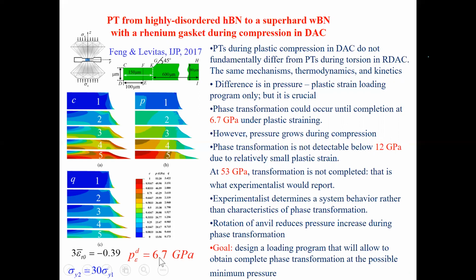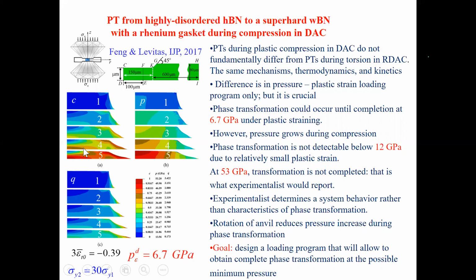That if you apply 6.8 GPa and large plastic deformation, we can not only start, but complete this phase transition. Okay, but when we compress, despite the fact that we have the same equation, plastic strain appears during pressure increase. We don't need this, we don't want this, but it increases. And actually pressure grows here faster than plastic strain if you compare.